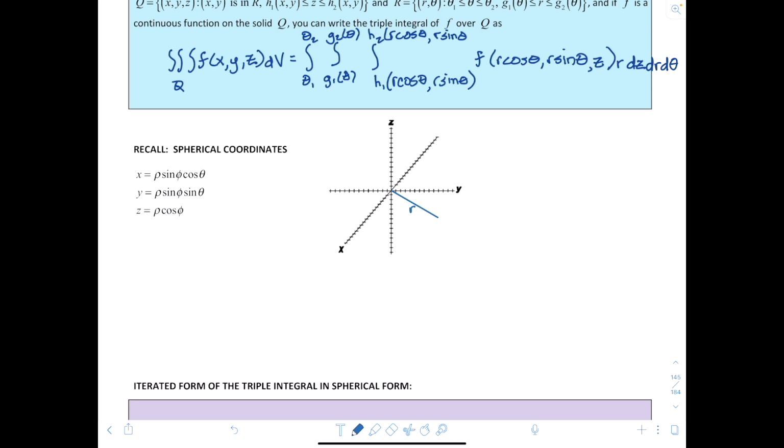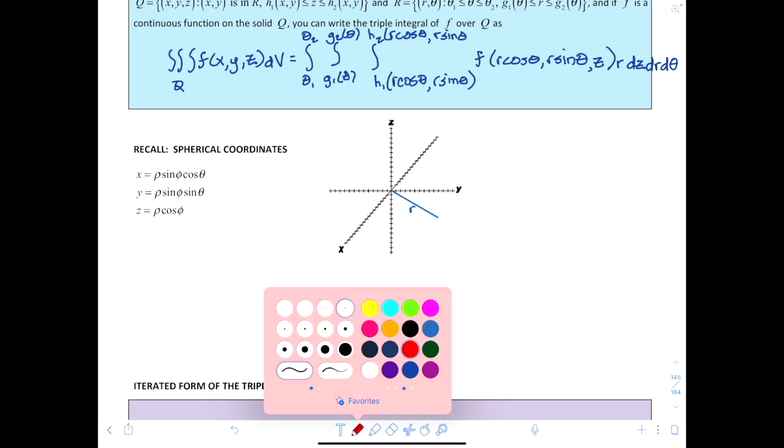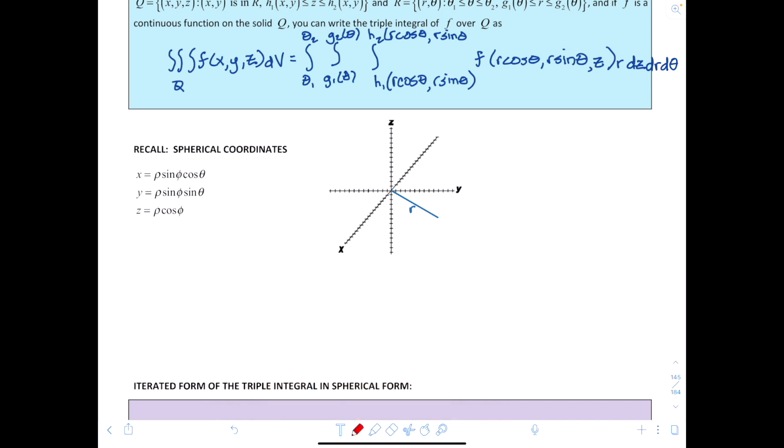And so what's happening is theta is going from our x-axis to R, so that is theta.